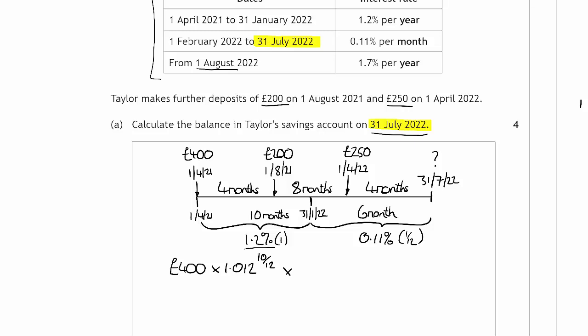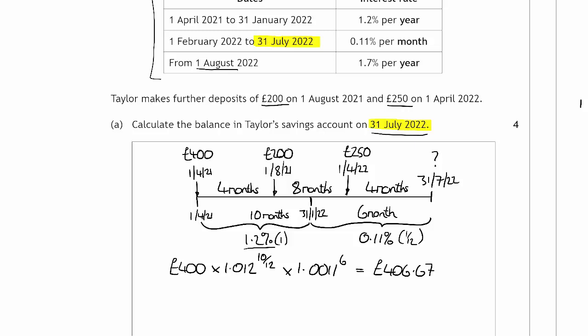It's then had another effective rate of interest for 6 months, so that's going to be times 1.0011, and that's per month, so that's to the power of 6. We multiply that together, and that tells you how much this £400 has gained in interest, which isn't much, but that's quite realistic.